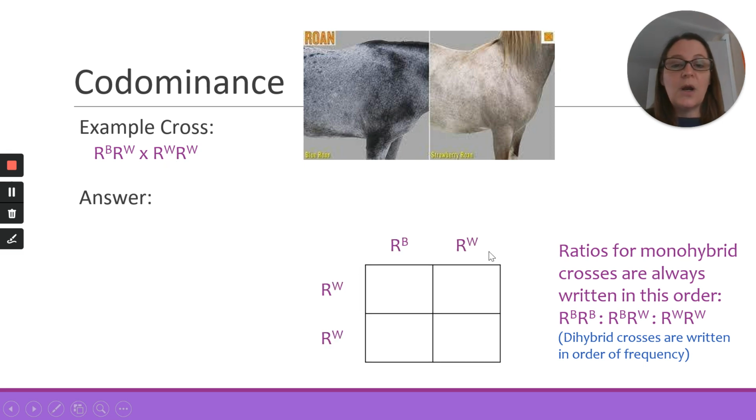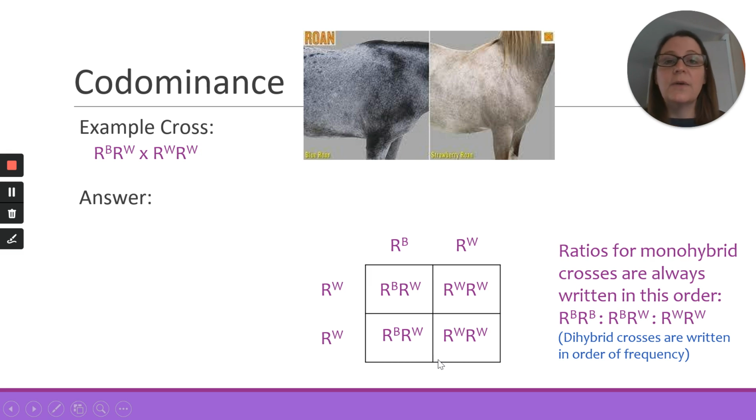So what we do is we draw our Punnett square, and we put one parent up here. There's our roan horse that has black hairs and white hairs. And then we have our white horse over here with only white hairs. And then we mix them together, and here's what you get. If you need to pause the video and fill in your notes, you can.